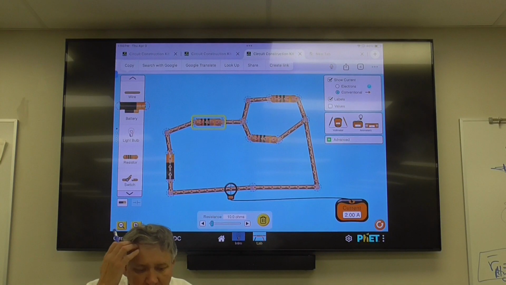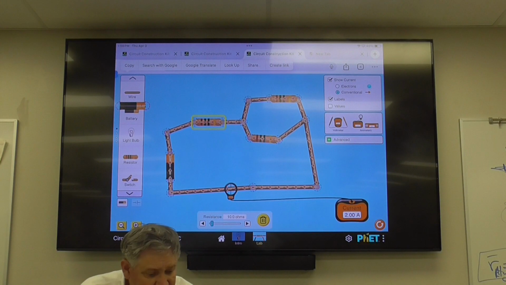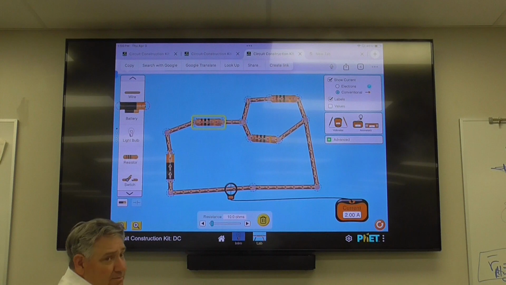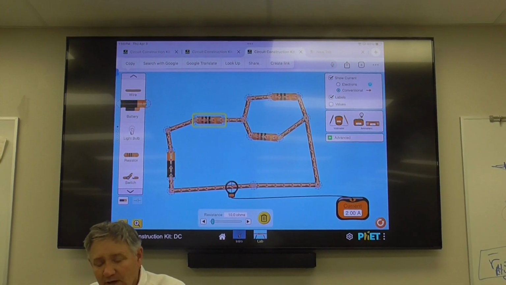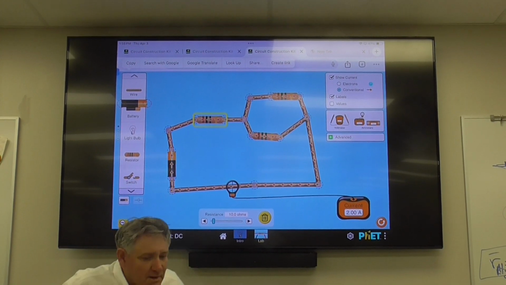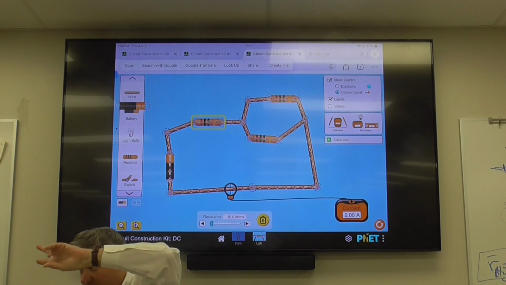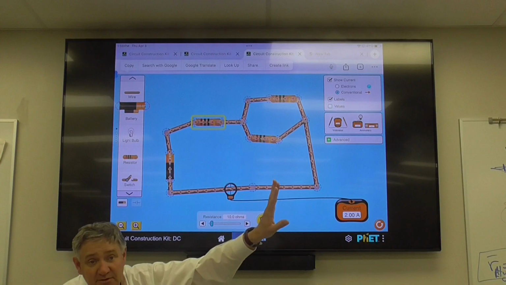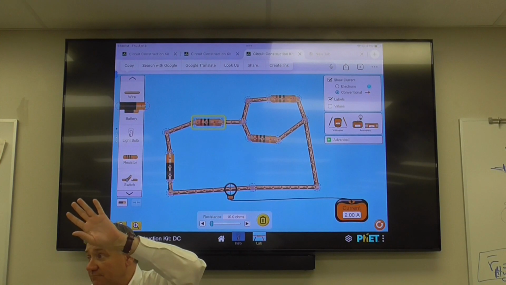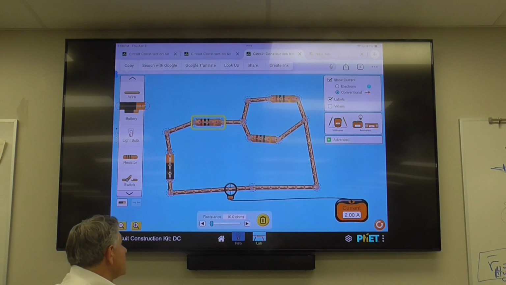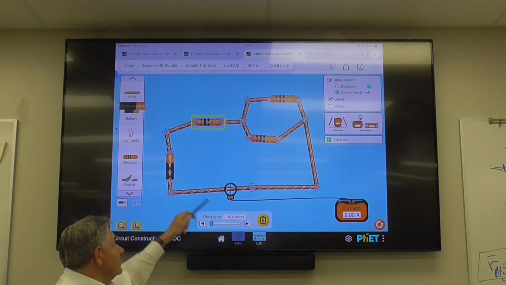Okay. So, at this point, let's talk about the voltage, okay? I got a 2, and there's a couple of different ways you can think about this. I'll show you both. How you tend to think of it, I care not. So, this is a 30 volt battery.